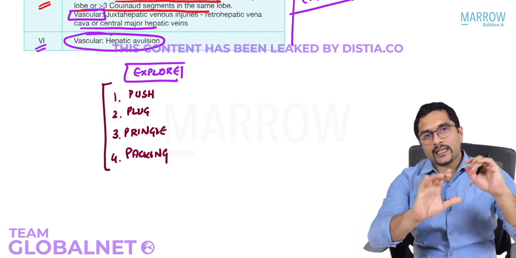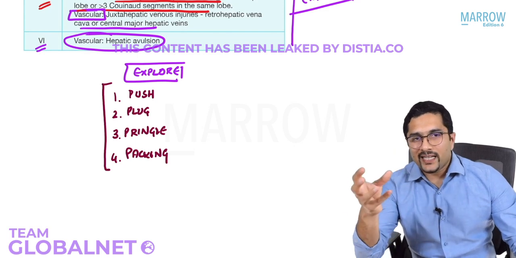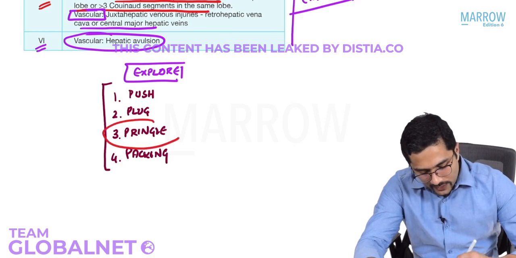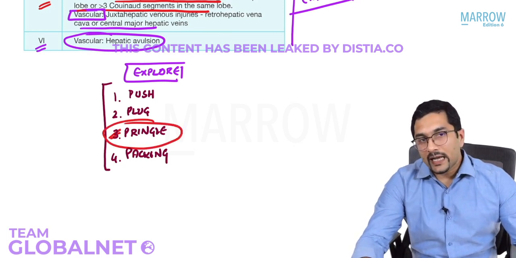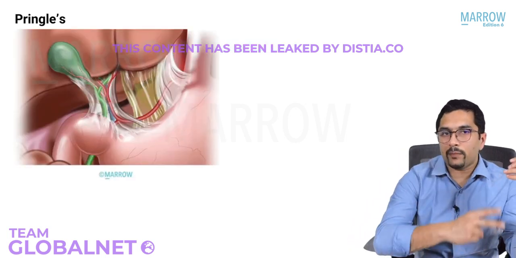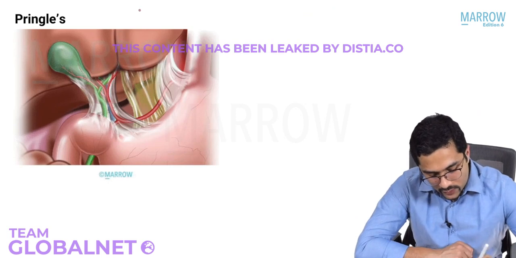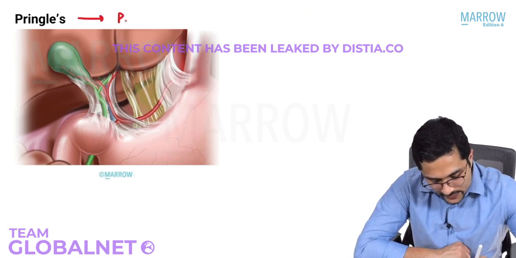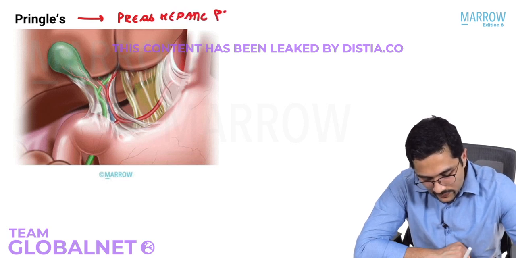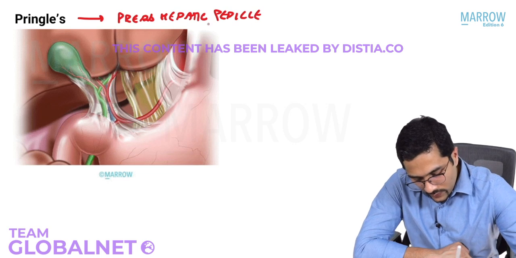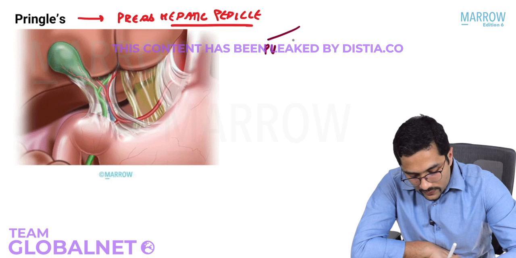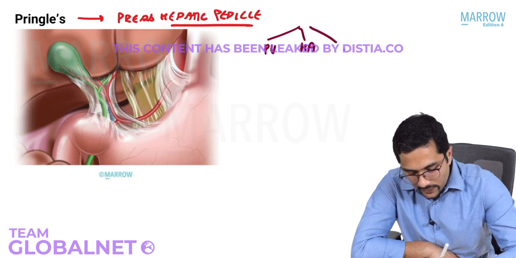So you push that area, plug any bleeding area if it is there. Pringle is very, very important. This has been asked many times in the exam. We carry out a Pringle maneuver. I told you Pringle maneuver is when you press the hepatic pedicle at the foramen of Winslow. And the hepatic pedicle, we discussed, has your portal vein, hepatic artery and common bile duct.